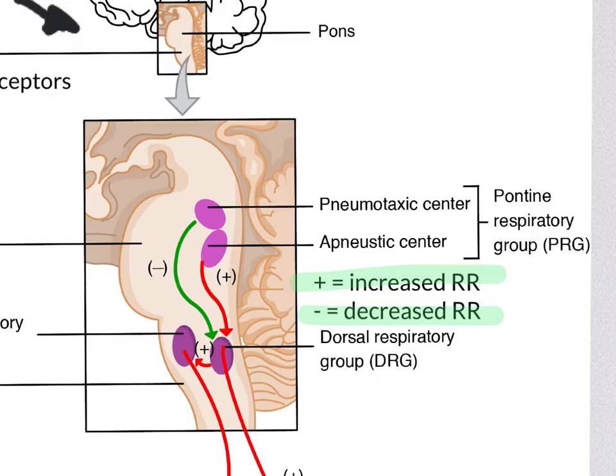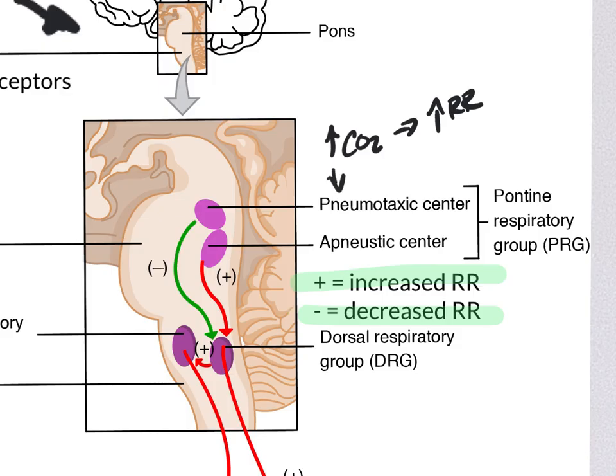And based off of that, it's able to tell our body, I need to breathe faster. There's too much CO2. If there's too much CO2, we're going to increase respiratory rate to get it out.